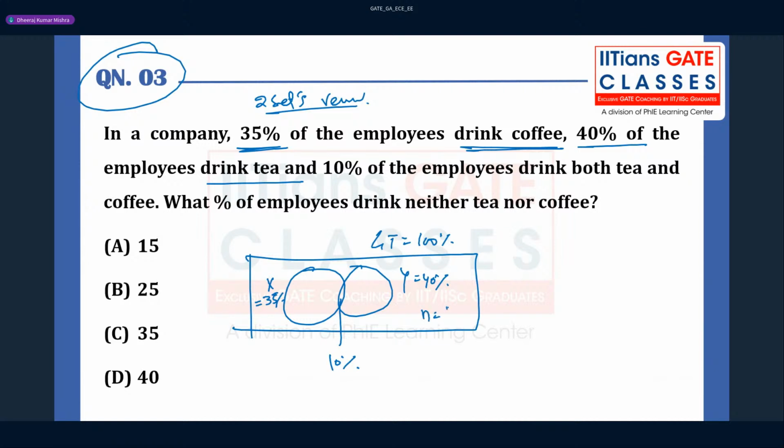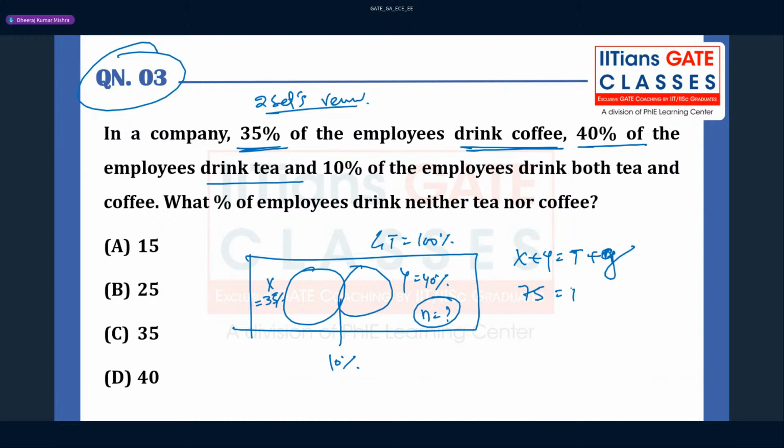So they are asking the N value. Simple it is. So what will be the answer, guys? You can say X plus Y equals T plus G. X plus Y is given as 35 plus 40, that is 75.